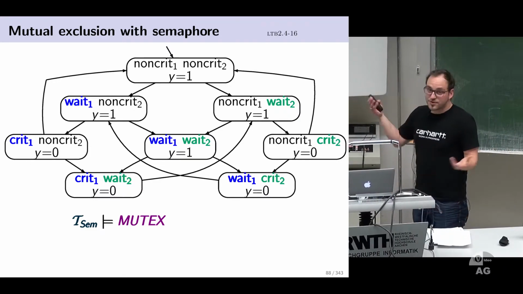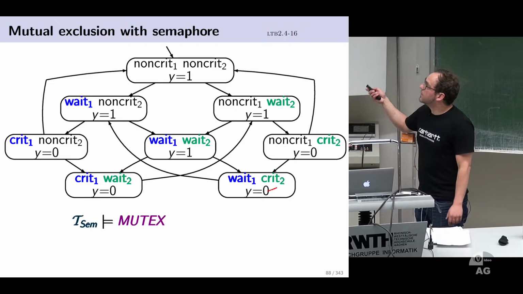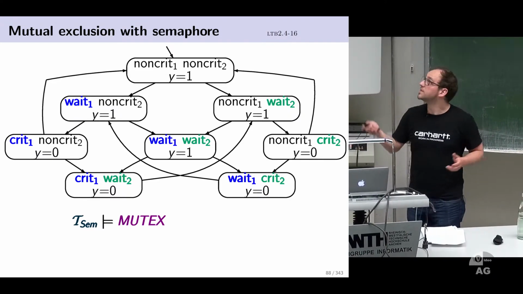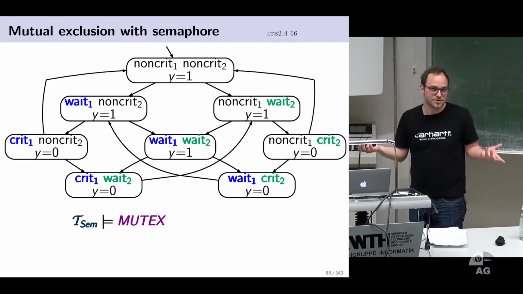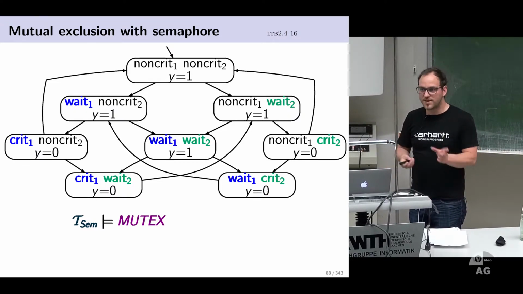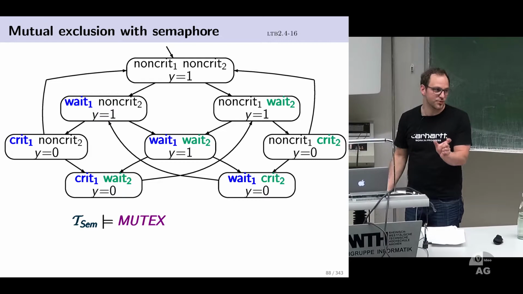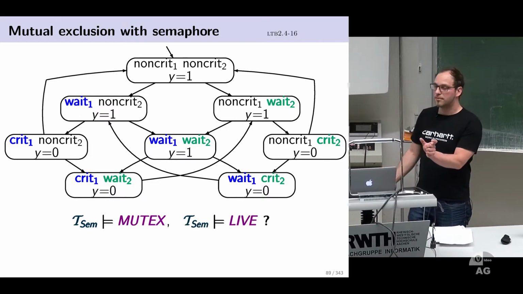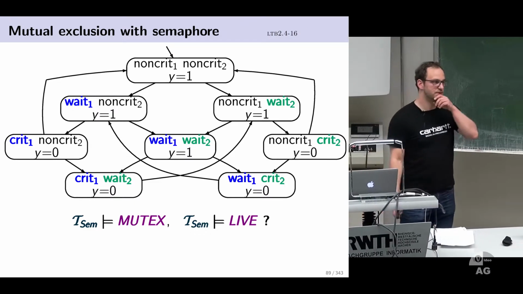Why is that trivially true in this case? Because there is no state labeled with crit 1 and crit 2. So no matter which path you take through this transition system, you will never encounter a labeling that contains crit 1 and crit 2. Okay, that was simple, but now let's talk about the liveness property we defined.